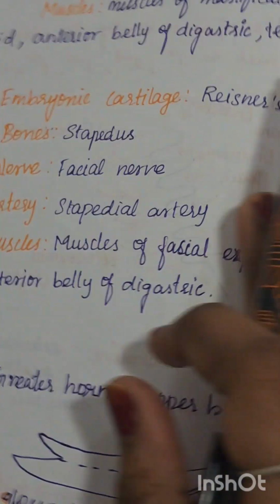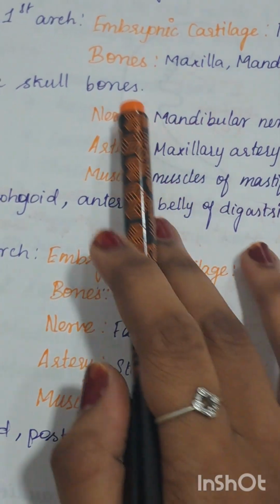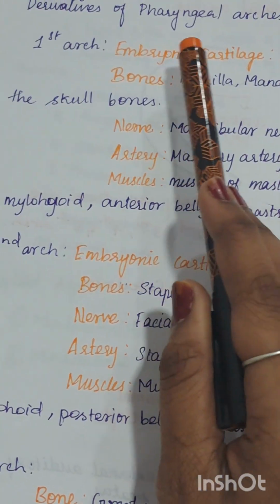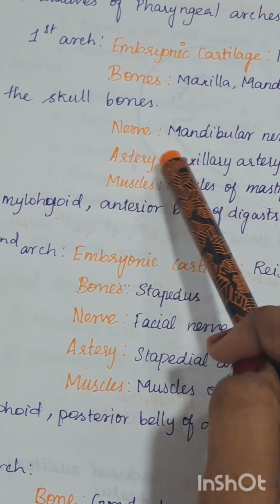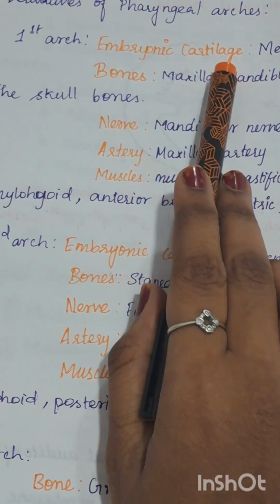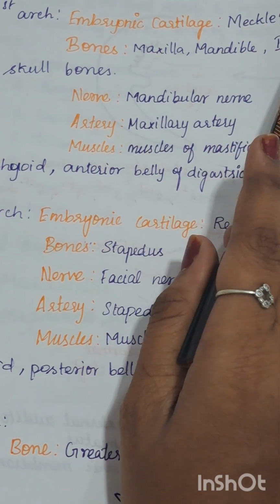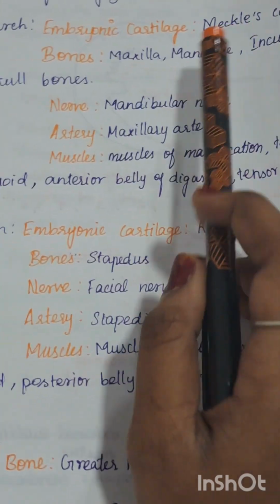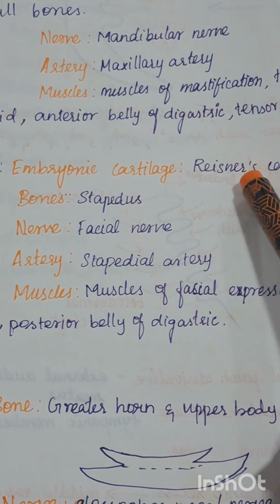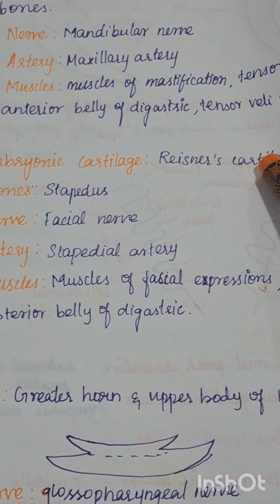From the first arch, we have derivatives of bones, cartilage, nerve, artery and muscles. First we have to see the embryonic cartilage. The first arch embryonic cartilage is the Meckel's cartilage, and the second arch embryonic cartilage is the Reichert's cartilage.